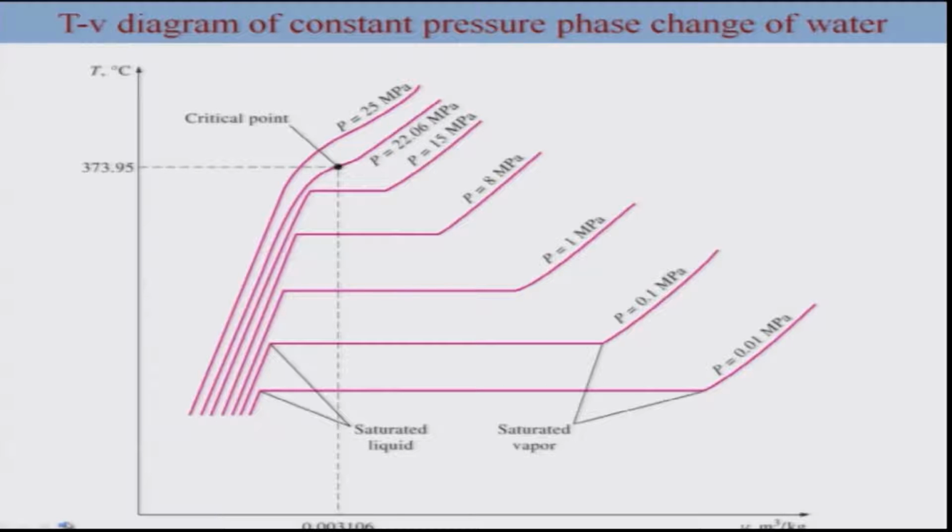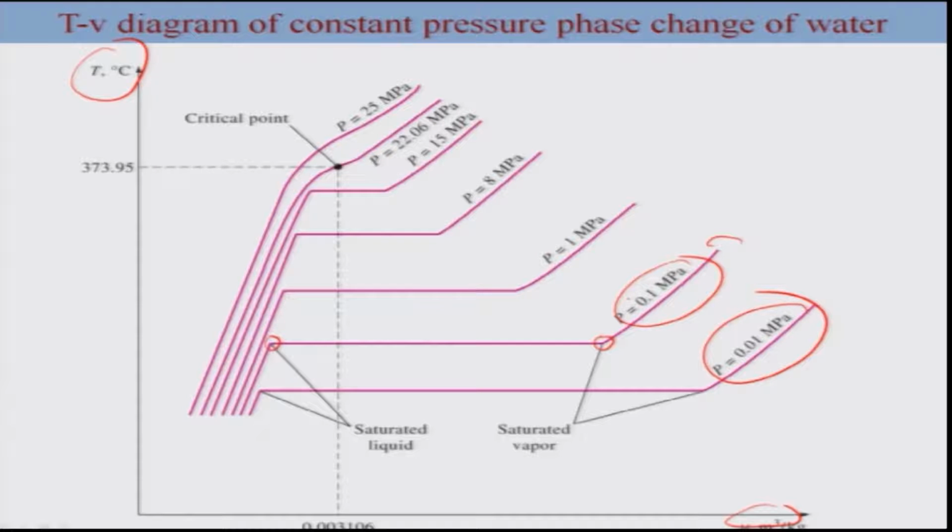So again, going back to the values of the water. So this is temperature. Again, this is specific volume. And earlier we talked about 1 atmosphere, very close to 0.1 megapascal. We were heating from compressed liquid to saturated liquid and then further to saturated vapor and then superheated vapor. Now if you change the pressure to a lower value, such as in this case P equal to 0.01 megapascal, what do you see?